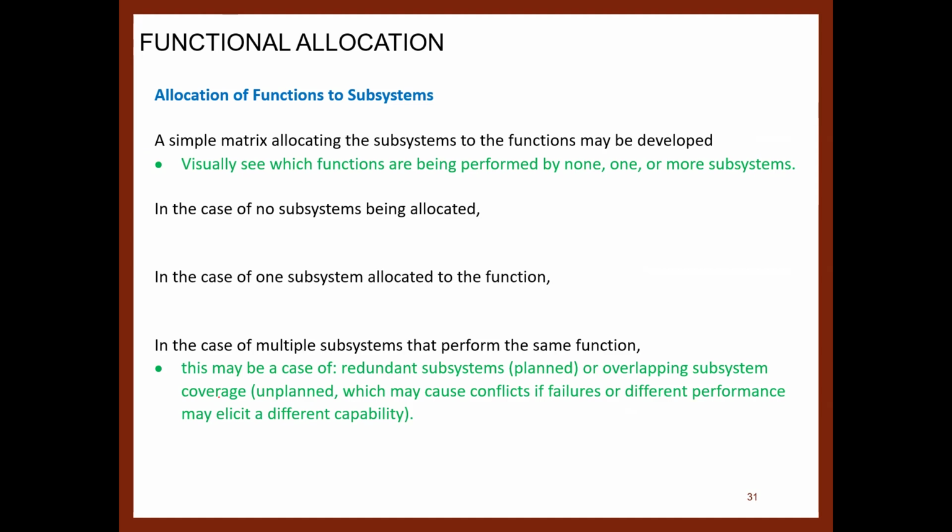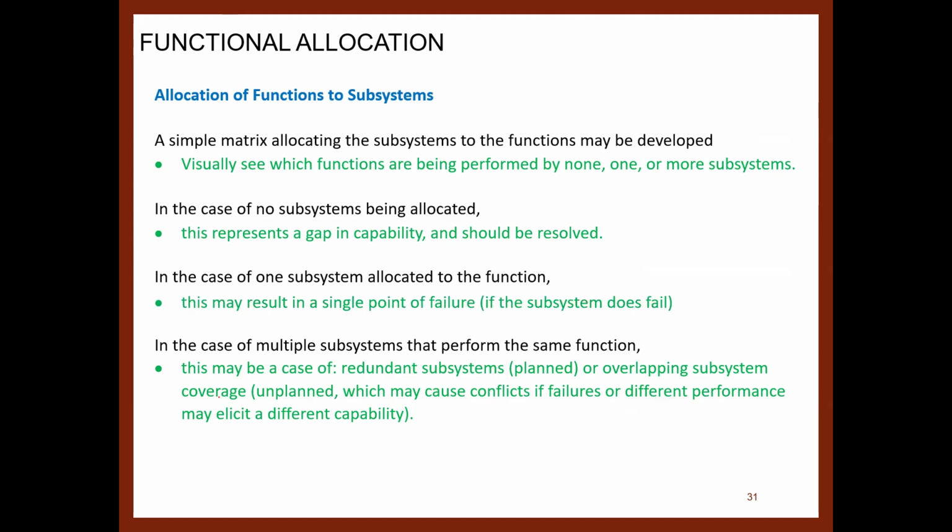In the case of no subsystem being allocated, this represents a gap in capability, and that should be resolved. In the case of one subsystem allocated to the function, this may result in a single point of failure, right? Which could be dangerous because if that system goes down, your system will not operate. In the case of multiple subsystems that perform the same function, this may be the case of redundant subsystems or overlapping subsystem coverage, which, if unplanned, may cause conflicts if failures or different performance may elicit a different capability.